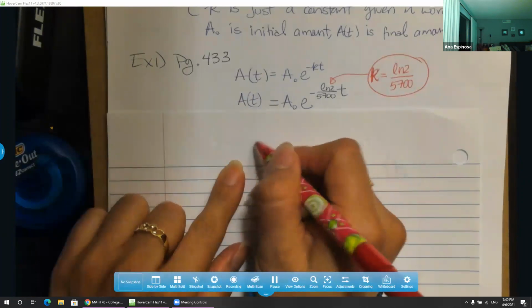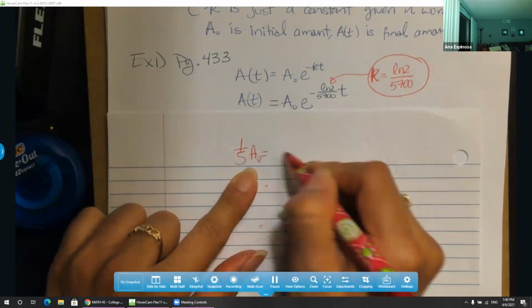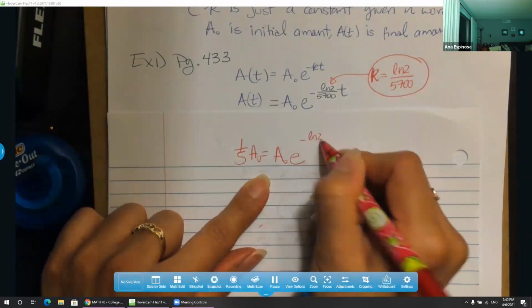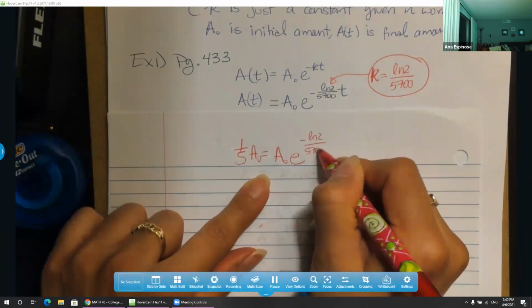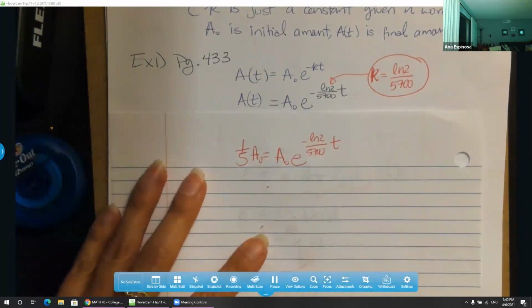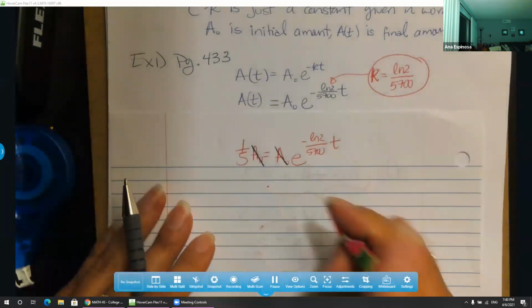So 1/5 of the amount, that's 1/5 of the original amount. What is T? What is the time? Estimate its age to the nearest 1,000 years. Okay. So it means that when you're solving, this cancels that because you can only have one variable.